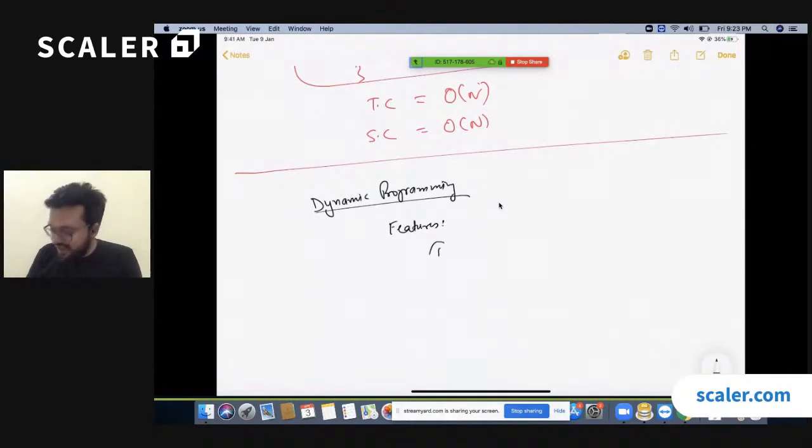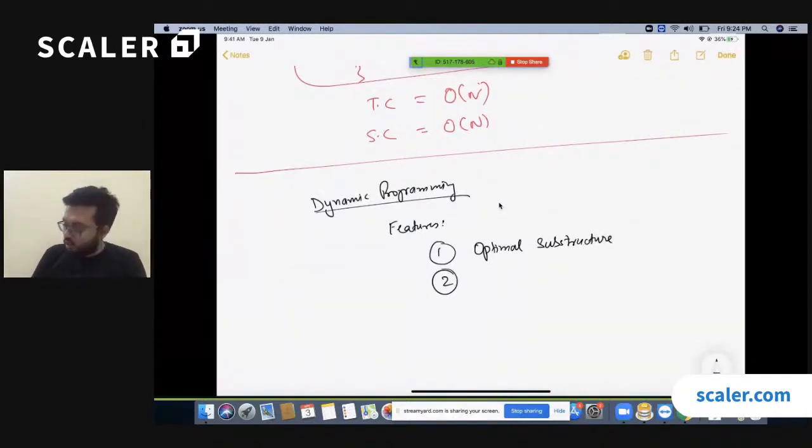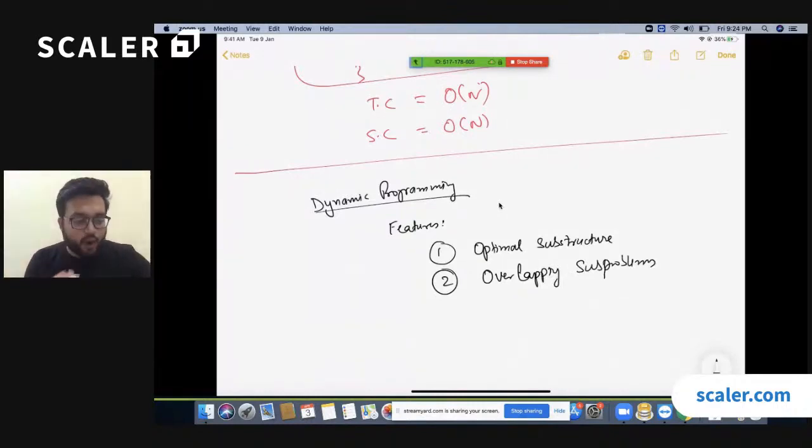The first feature is that the problem exhibits optimal substructure. What is optimal substructure? We'll come to it in a moment. The second feature is that you should be seeing overlapping subproblems. So these are the two features that you look for in any problem to make sure whether that problem can be solved using the dynamic programming paradigm or not.